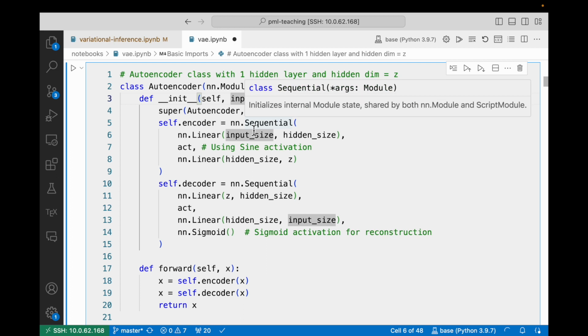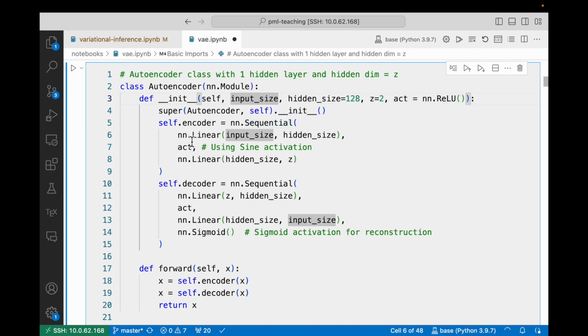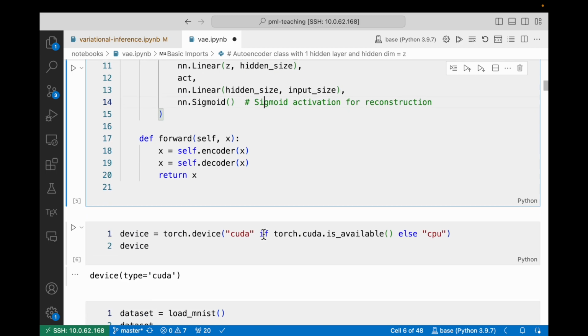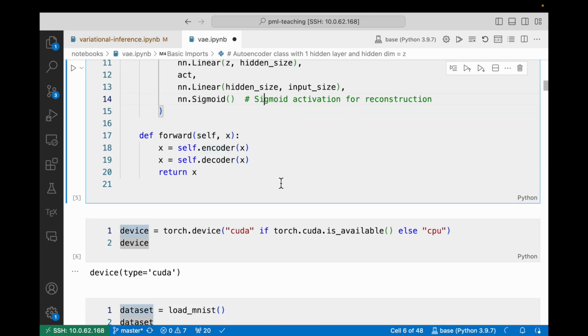So I have two networks, the encoder and the decoder. It's a very simple network that I've created. So my encoder goes from input to hidden size. Then I have an activation. Then it goes from hidden to the latent representation z. And my decoder is from z to hidden and hidden to input. And then I have a sigmoid. Because I'm dealing with images, I'm using a sigmoid because they're in between zeros and ones. And my forward is just the encoder and the decoder on the input.